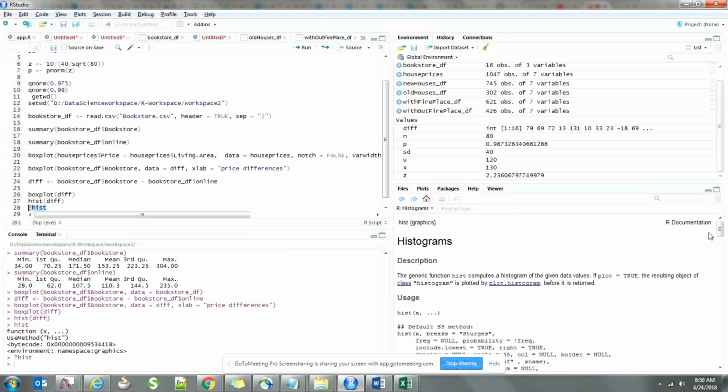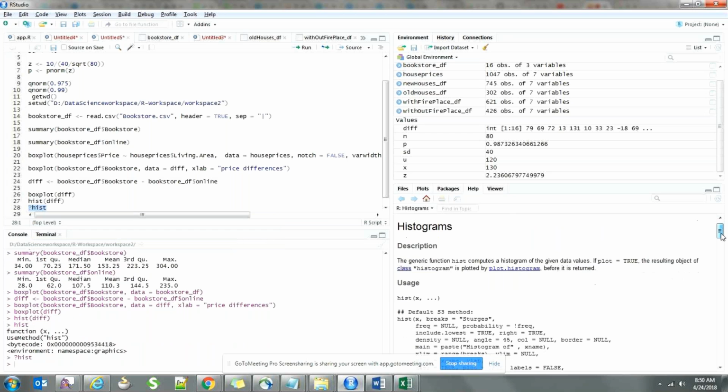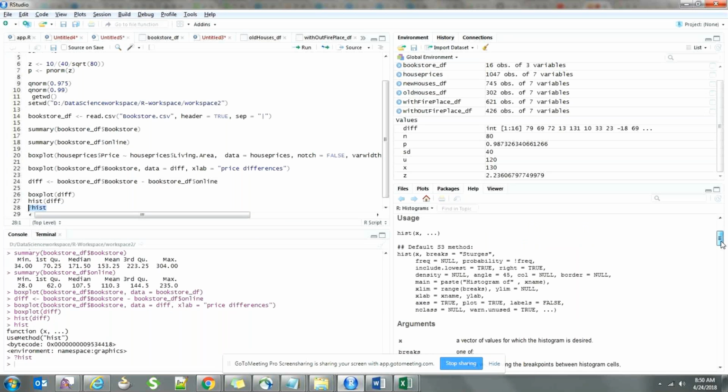It is taking minus 50 to 0, 0 to 50, 50 to 100, and 100 to 150, right? So the bin size is 50. If you reduce the bin size to 10 instead of 50, you will find it looks like a continuous distribution.